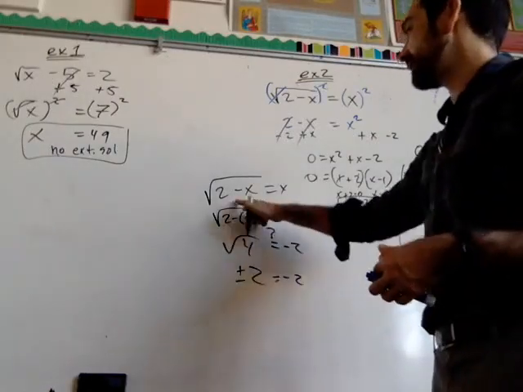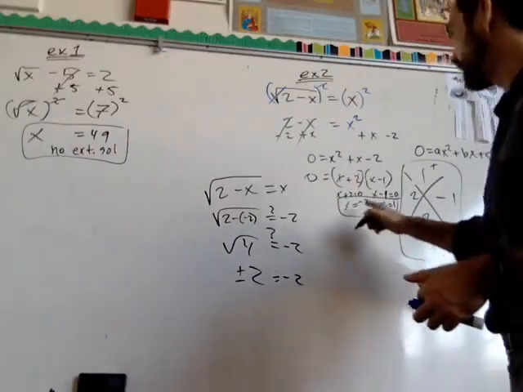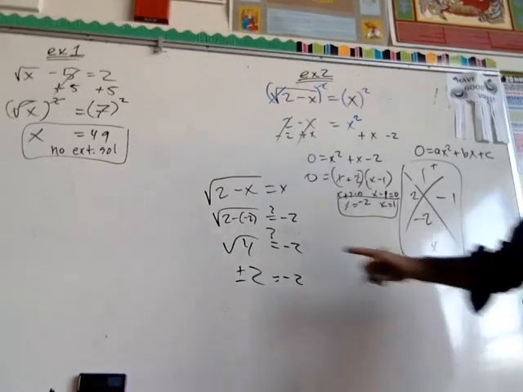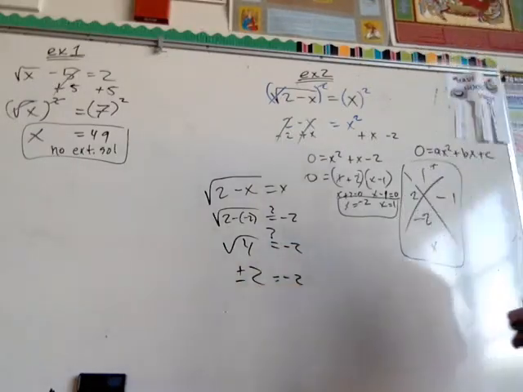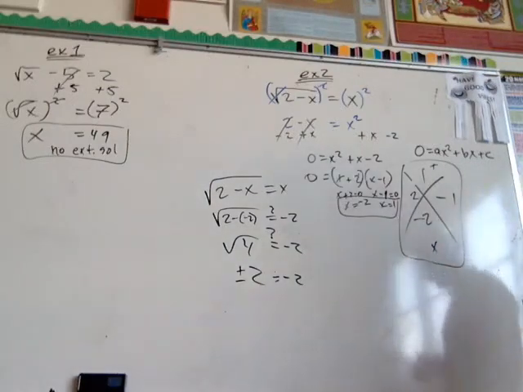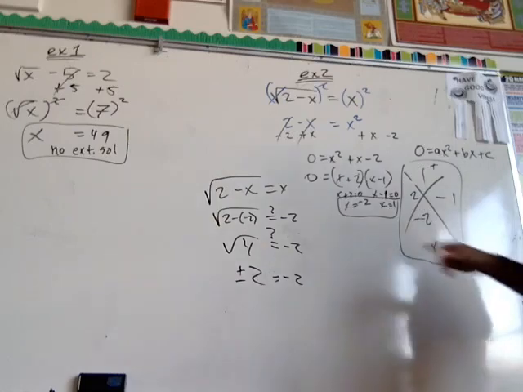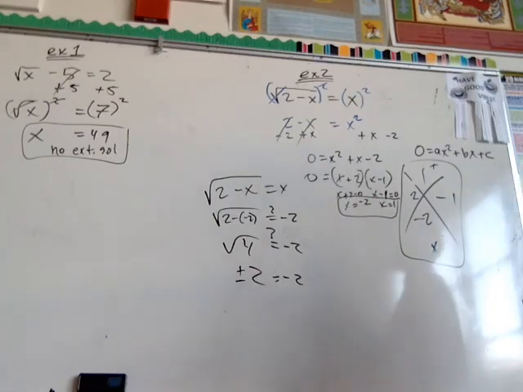We didn't have any negatives under the root, so we're okay. And so we can say negative 2 is a solution, because we have to remember that the square root of anything is plus or minus. Okay, so that's something that I hope sometimes when I make a minor mistake, it helps you guys not make that mistake. So I'm just giving you an example.